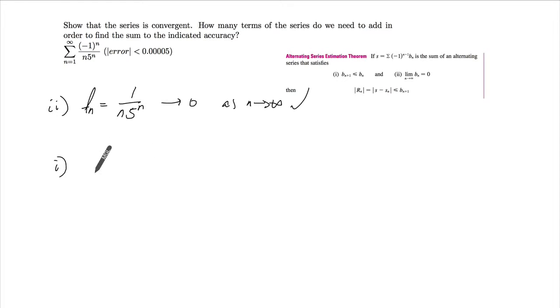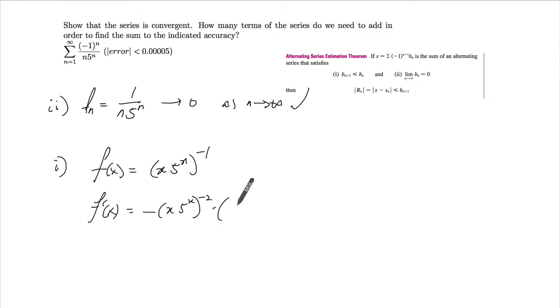For the first condition, I think it's best to consider the function version, which is x 5 to the power of x all to the power of -1. If you differentiate this, chain rule, okay, so that goes on top.